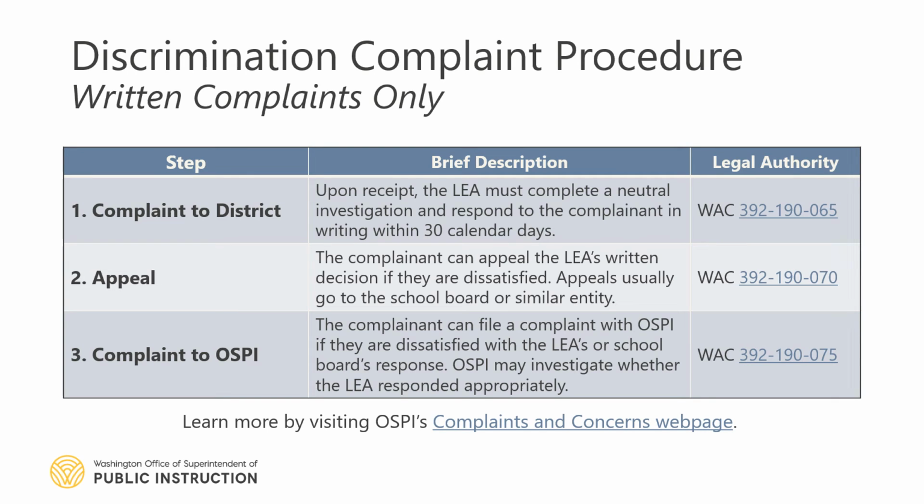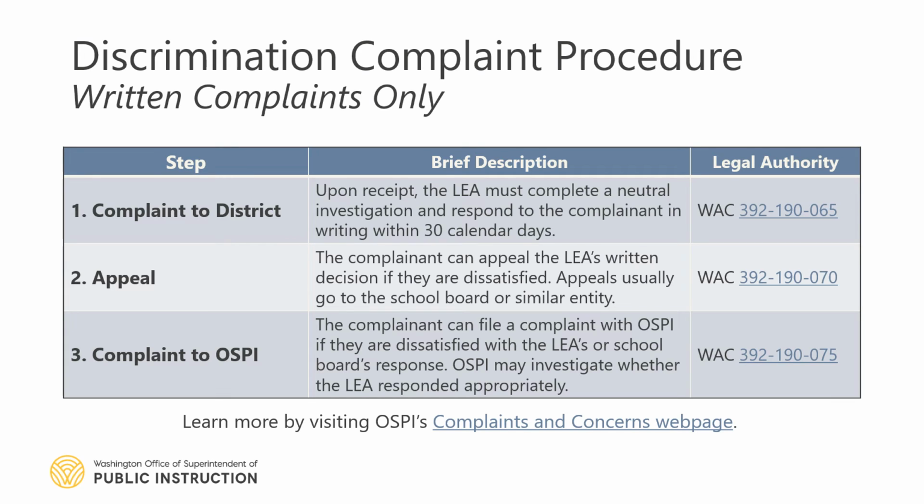This chart outlines the discrimination complaint procedure under state law. It is a three-step process. The first step is the complaint to the school district. Once the district receives a written discrimination complaint, it must respond using its discrimination complaint procedure. Broadly speaking, this procedure requires the district to complete the following actions within 30 days.